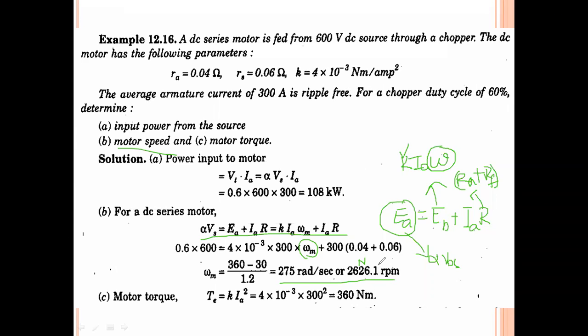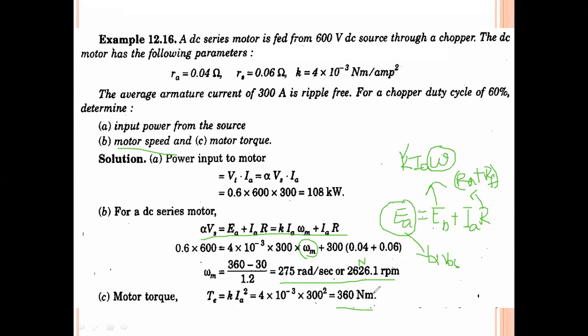And next, third bit, we need to calculate the torque. We know the torque formula for DC series motor, which is some constant K into IA square. We know K is directly given, IA is also directly given. Substitute them and simplify, we'll get the torque as 360 Newton meter.